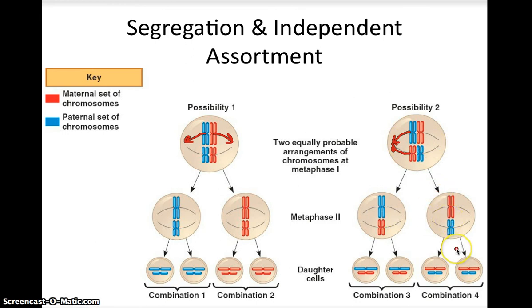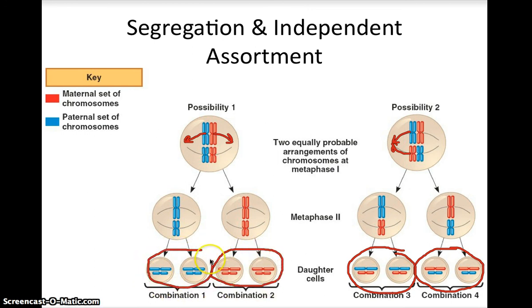And you'd end up then with a 25% chance of getting any one of these different combinations, and that will be what we use when we do dihybrid crosses. So any one of these has a 25% chance of happening with these combinations of chromosomes in the first place, if we just had a total of 4 chromosomes in a cell.